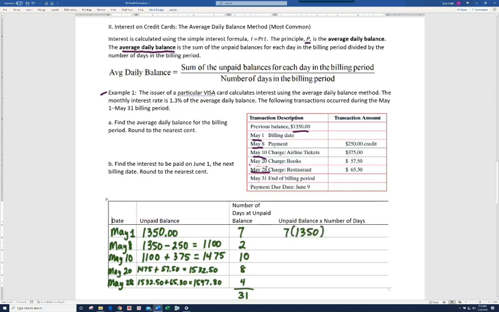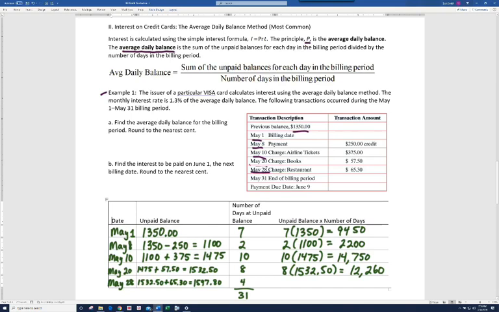We do 7 times $1350, and so if you added 7 of those $1350s, you would get $9,450. And we'll do the same thing for the other balances. So it'll be 2 times 1,100, which gives you 2,200. And if you multiply 10 times 1475, you get 14,750.